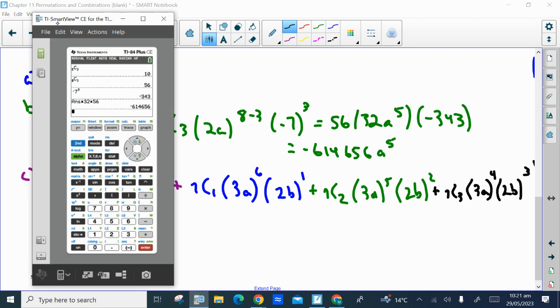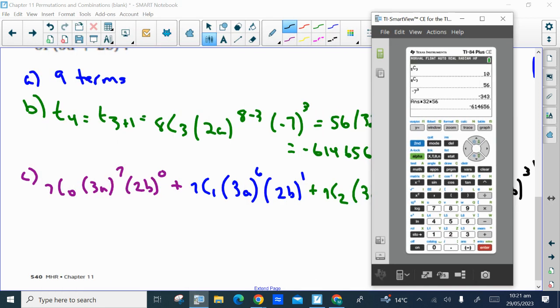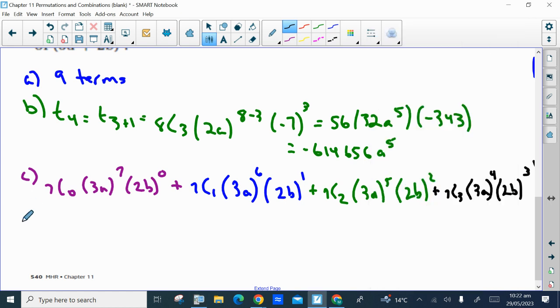All right, so to the calculator we go. 7c0 is actually 1. Calculator will confirm that. And that'll be multiplied by 3 to the power 7 times 2b to the power 7. So it'll be 1 times 2187, a to the 7th. And again, 2b all to the power 0 is also 1.